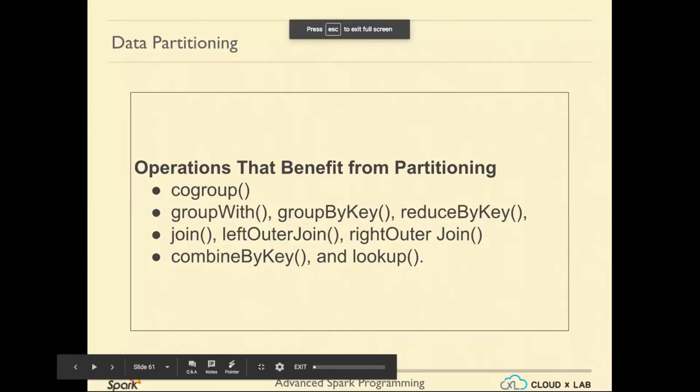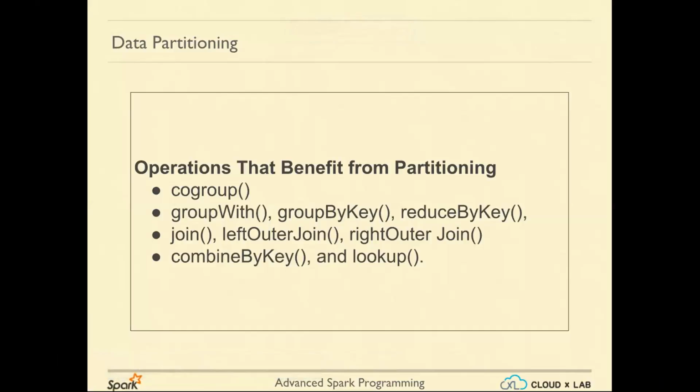So there are many functions that can benefit from partitioning, like cogroup, groupWith, groupByKey, reduceByKey, join, leftOuterJoin, and rightOuterJoin. Meaning if anywhere there is data sorting involved, at all those places the partitioning would help a lot, because when you are grouping the data and the data is already partitioned based on say hash partitioner, it'll be really easy to join two values. All right.